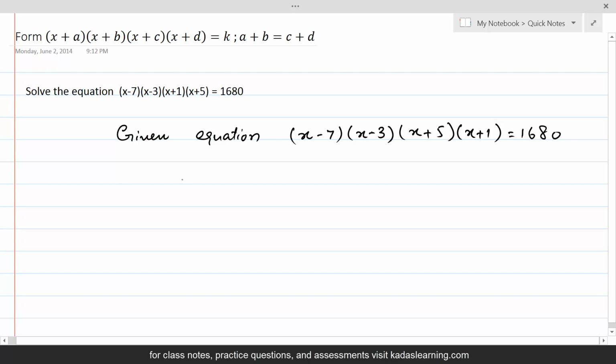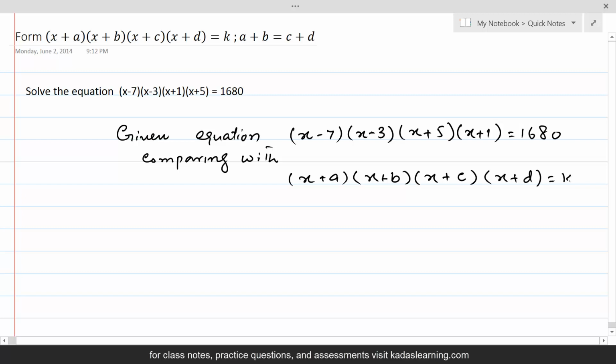If we compare this with (x - a)(x - b)(x + c)(x + d) = k, here we have this condition in the given form that a + b must be equal to c + d.